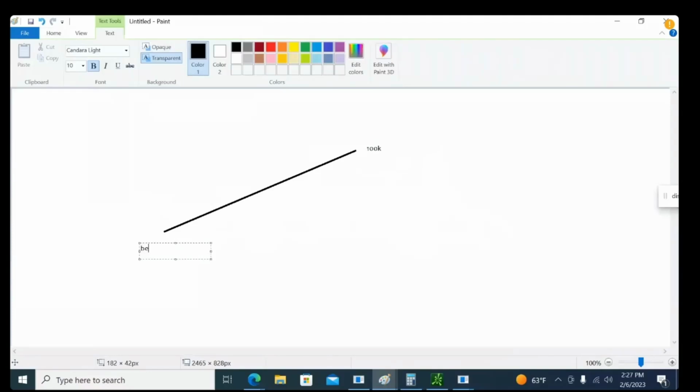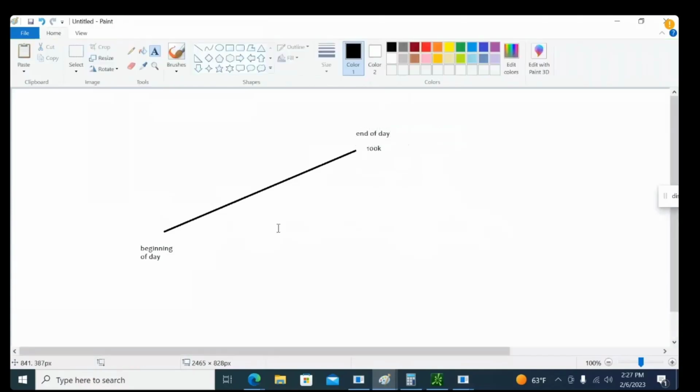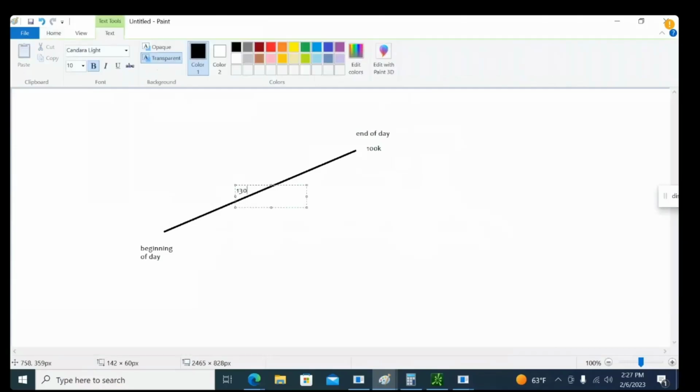So this is beginning of day, and here's end of day. As we're burning our volume off on this line, maybe here's like 1300 hours.